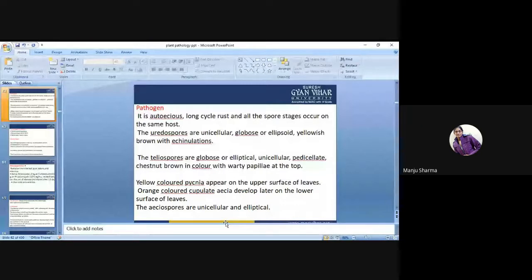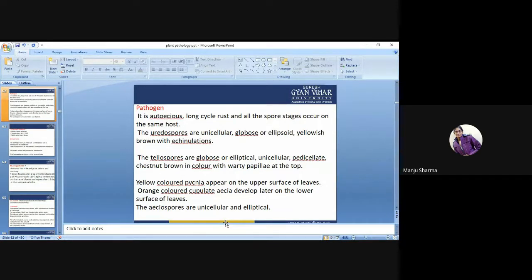The uredospores are unicellular, globose or ellipsoid, yellowish brown with echinulations. The teliospores are globose or elliptical, unicellular, pedicellate, chestnut brown in color with warty papillae at the top.